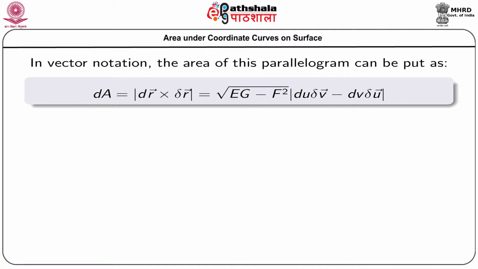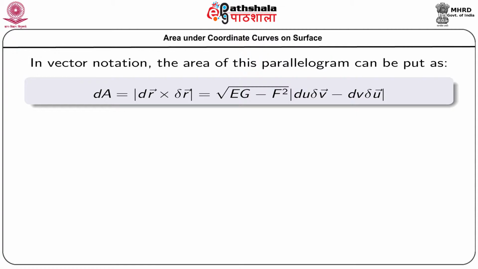So, there are 4 points on a parallelogram, which is the region bounded by the U curves and V curves, which are coming like a parallelogram.